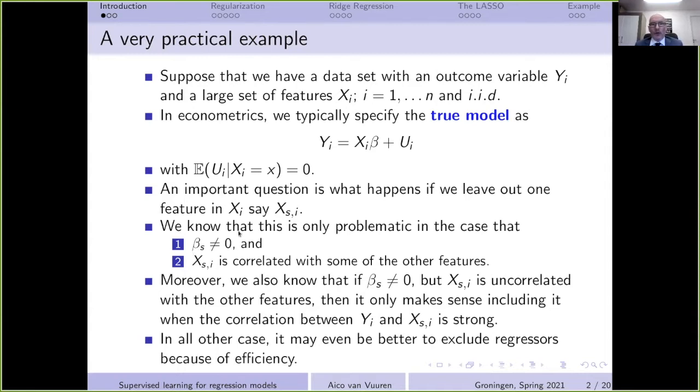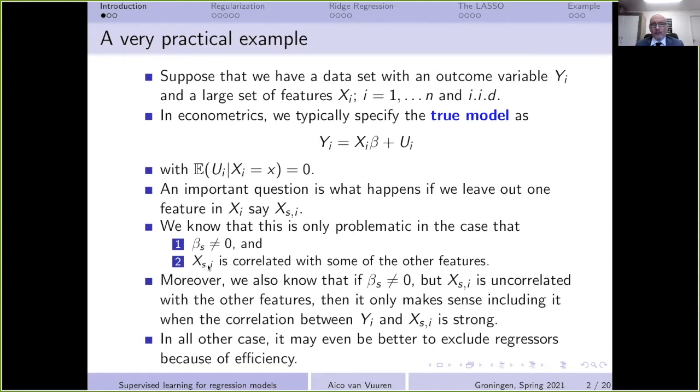Well, that's a very trivial one, because if beta S is equal to 0, of course, I can always leave out the XS, because then, even if this is the true model, if I leave out the XS and beta S is exactly equal to 0, then I still have exactly the same model. Then leaving it in or leaving it out is exactly the same model. So if this is the true model, the left out XS with beta S equal to 0 is still exactly the true model. So therefore, this is a very trivial one.